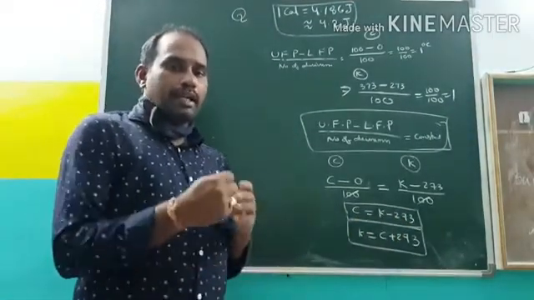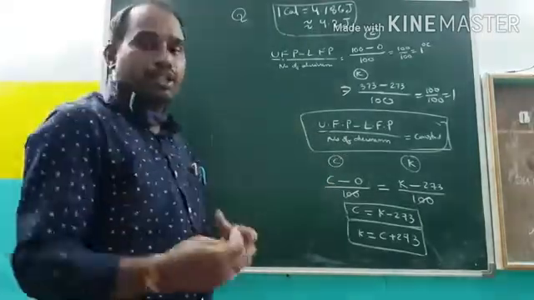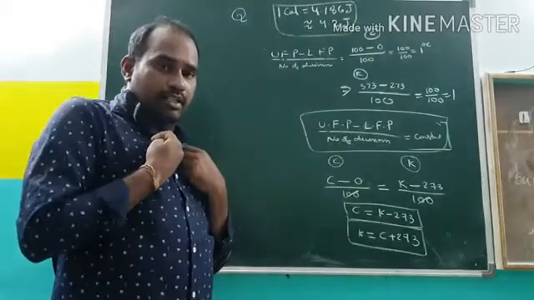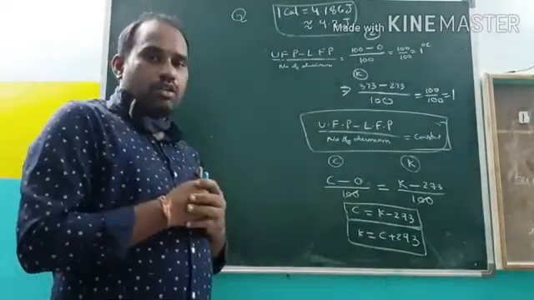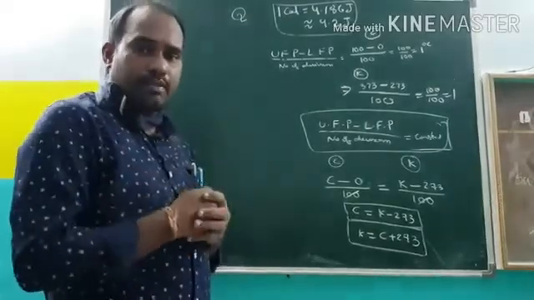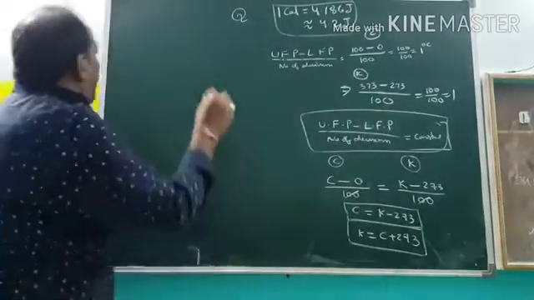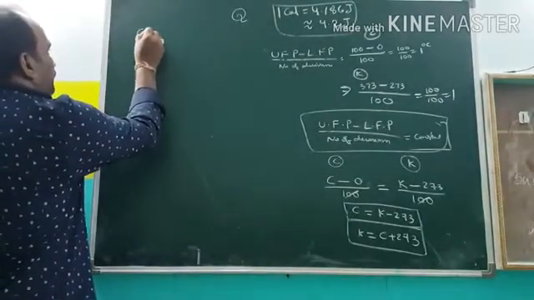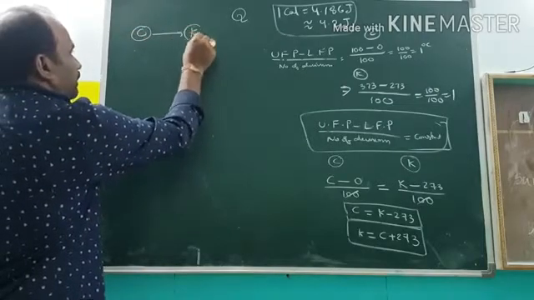Now we are learning how to convert temperatures. If we know the Kelvin scale temperature, how do you convert to the Celsius scale? If you know the Celsius temperature, how do you convert to the Kelvin scale? You will learn now. First, how do you convert the Celsius scale to the Kelvin scale?